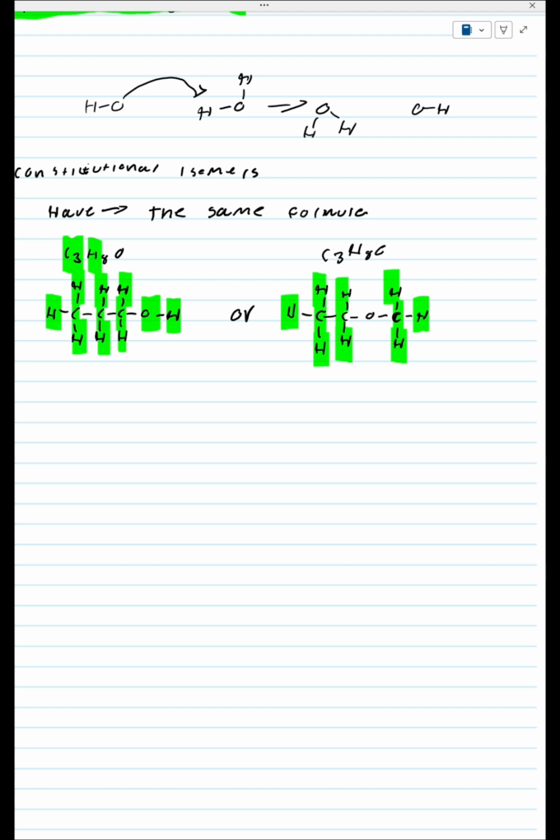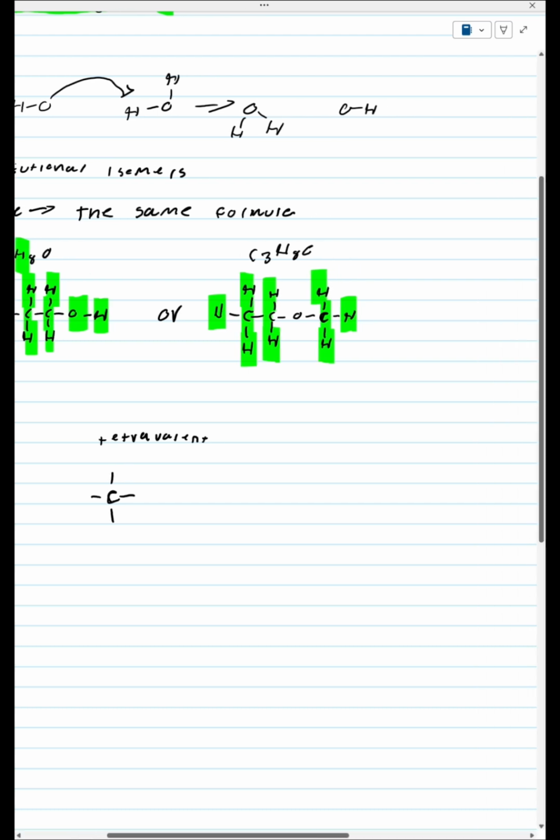Basically, carbon will almost always be tetravalent. Tetravalent, meaning it has 4 valence, or in other words, 4 bonds.